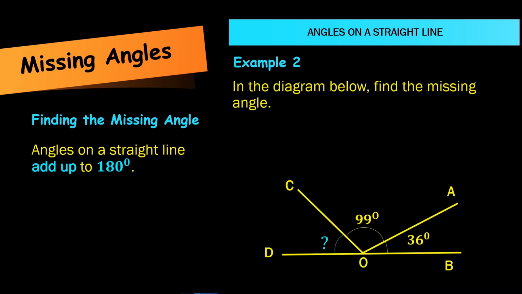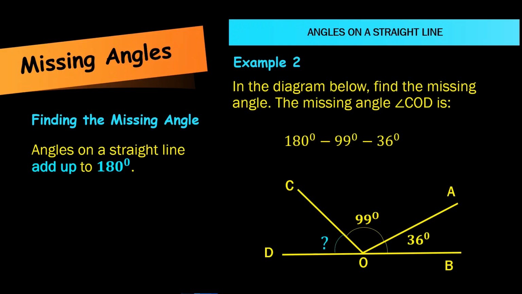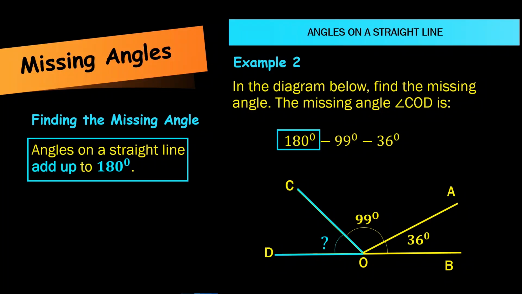In the diagram shown on your screen, find the missing angle. The missing angle COD is 180 degrees minus 99 degrees minus 36 degrees. So here's the angle COD. All the angles on a straight line add up to 180 degrees.